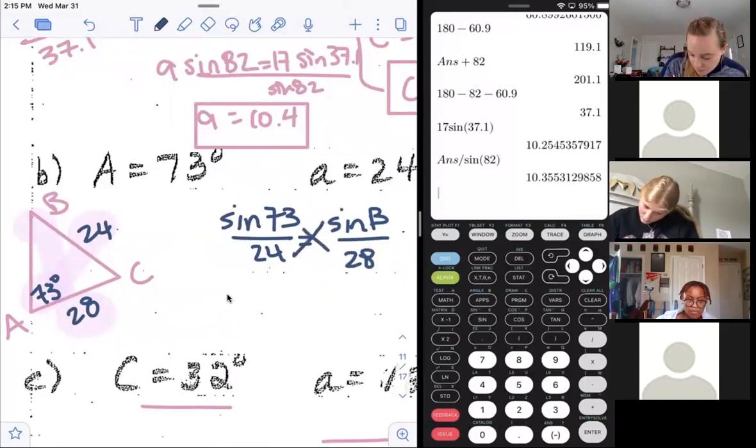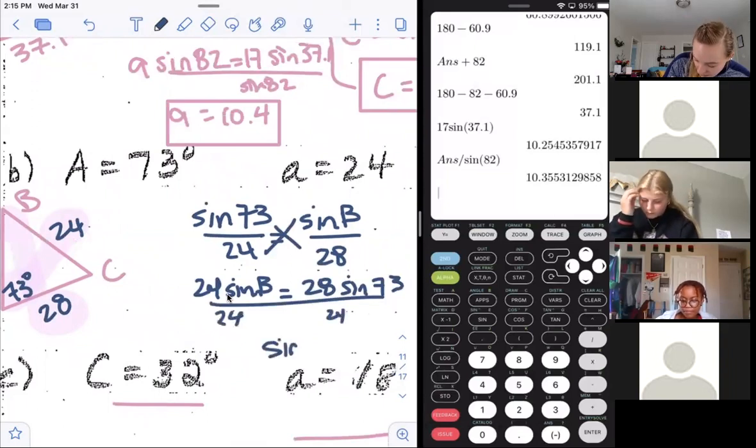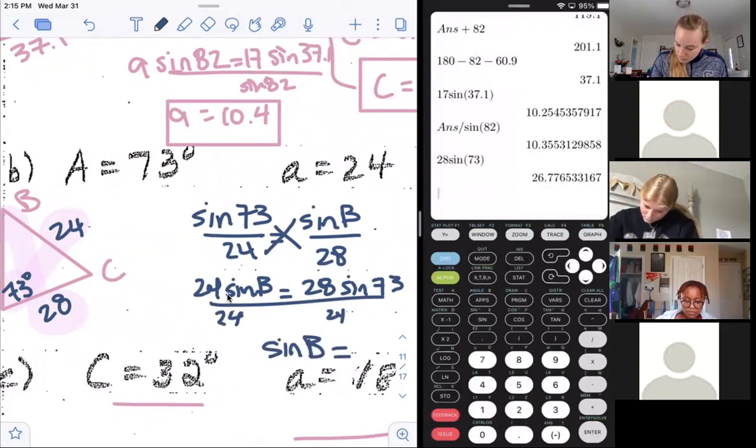Cross multiply. 24 sine b equals 28 sine 73. Divide by 24. So sine of b is going to equal 28 sine of 73 divided by 24.